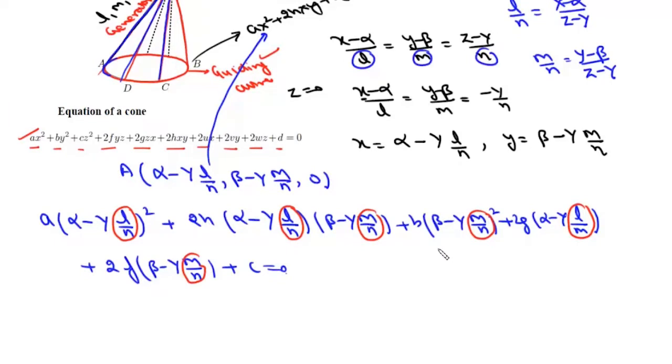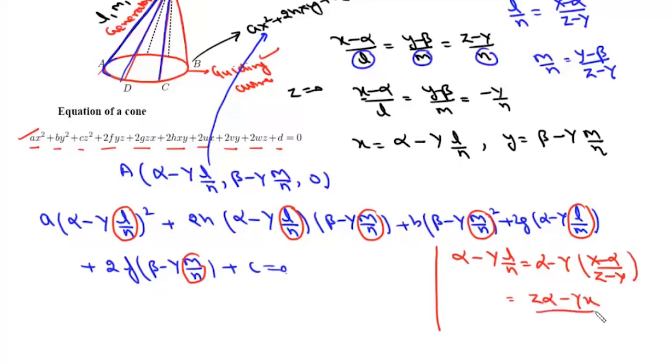Now if we write alpha minus gamma L by N, it will be alpha minus gamma, and this L by N will be x minus alpha upon z minus gamma. So it will be z alpha minus gamma x upon z minus gamma.